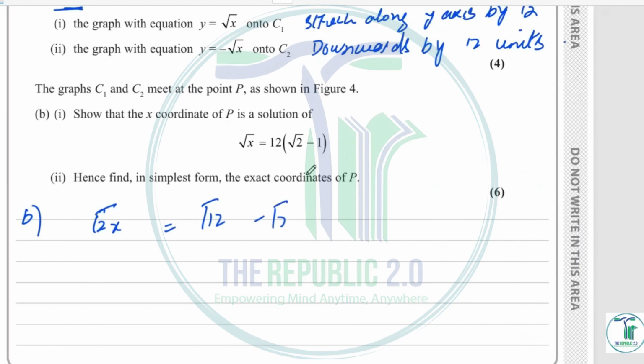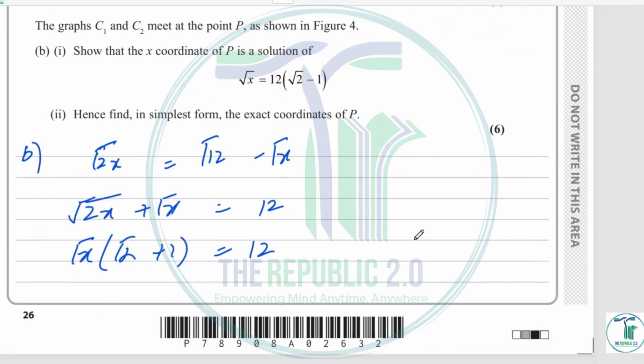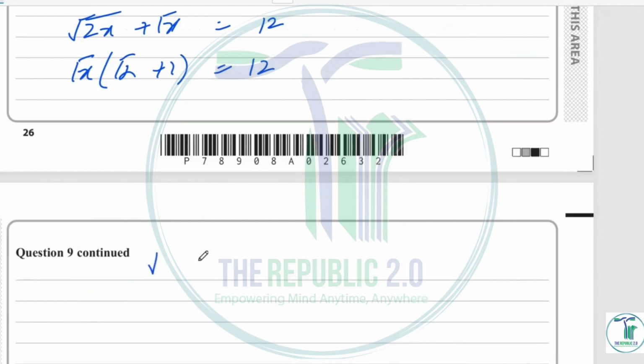I'm going to move this under root x to this side, and I must be having under root 2x plus under root x is equals to under root 12, right? And now I can have under root x as a common, and I'll be left with under root 2 plus 1 is equals to 12, right? Now we need to divide on both the sides. So under root x must be equal to 12 divided by under root 2 plus 1.